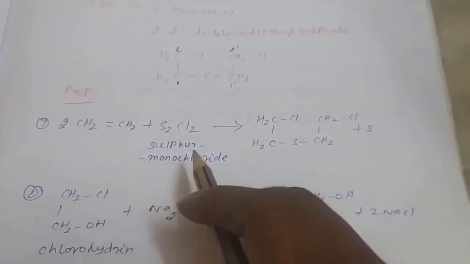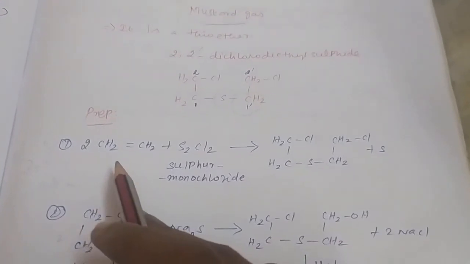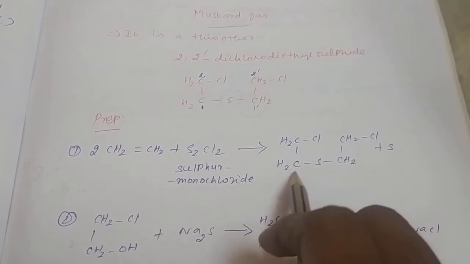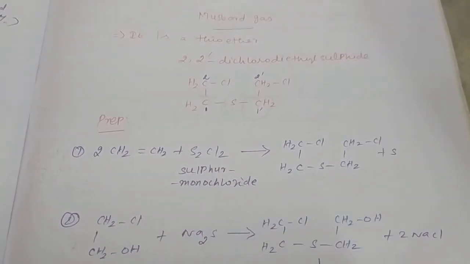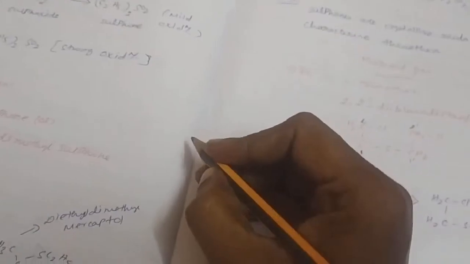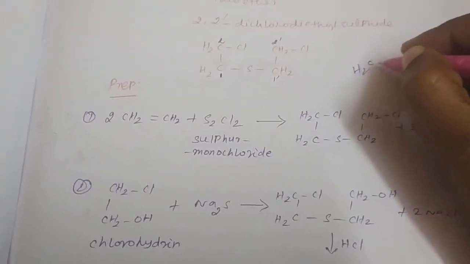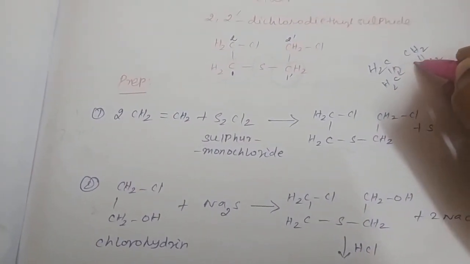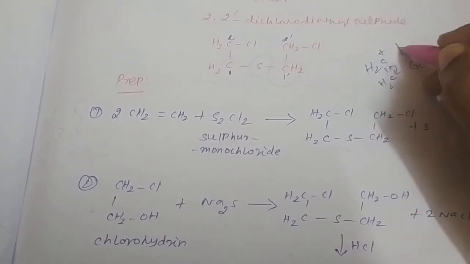So next, preparation. Ethylene reacts with sulfur monochloride to form mustard gas, and one sulfur is removed. So how is it formed? This is 1 mole of ethylene, this is another mole of ethylene. Here the bond is shifted, so this gets positive, this is negative.